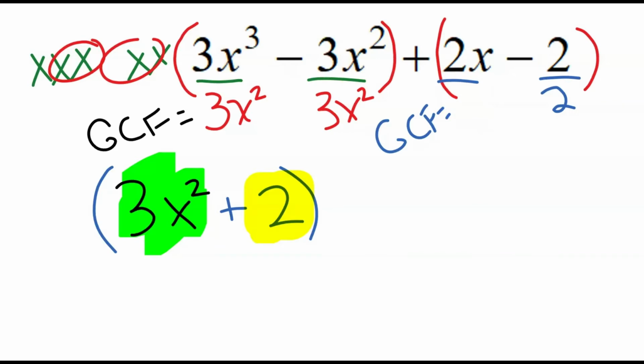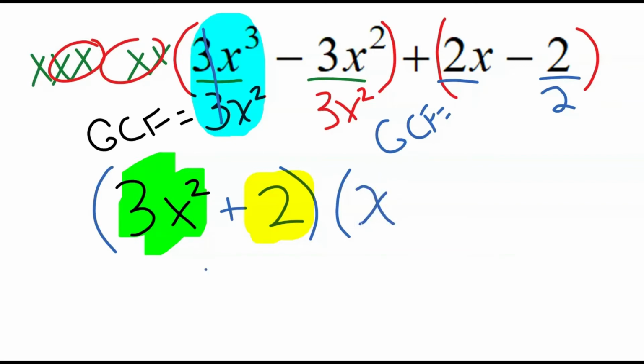So if you look at this here where I factored out a GCF, if I look at that separately as its own fraction, you'll notice that if I reduce this, the 3's pretty much just cancel out. And that leaves me with x cubed over x squared. Now, x cubed over x squared, if I reduce that, it's just going to leave me with x.